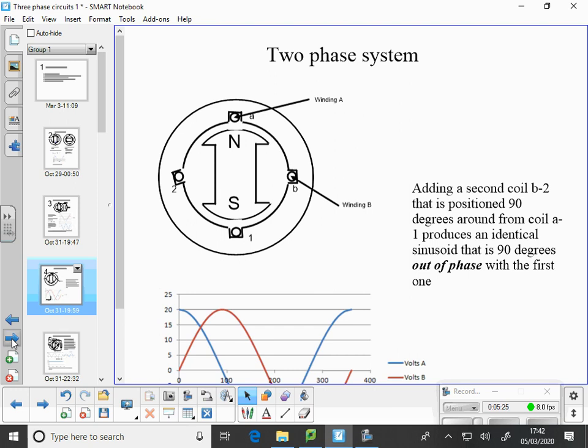So, if we go two-phase, let's say we added a second coil, 90 degrees around the stator from the original winding A, with the same permanent magnet. We produce an identical sinusoid that's 90 degrees out of phase with the first one.